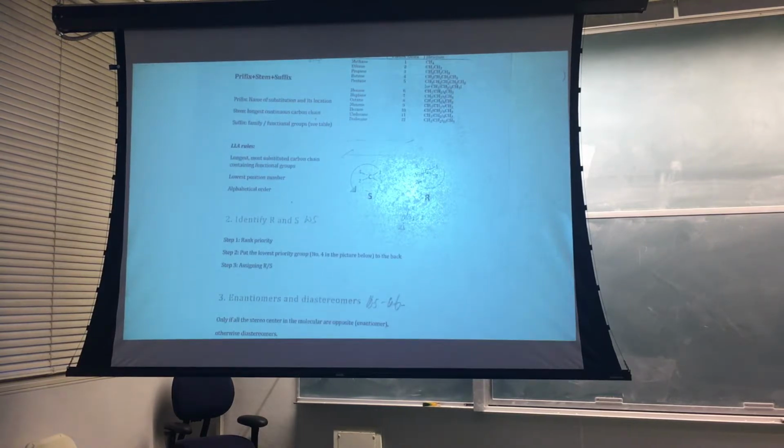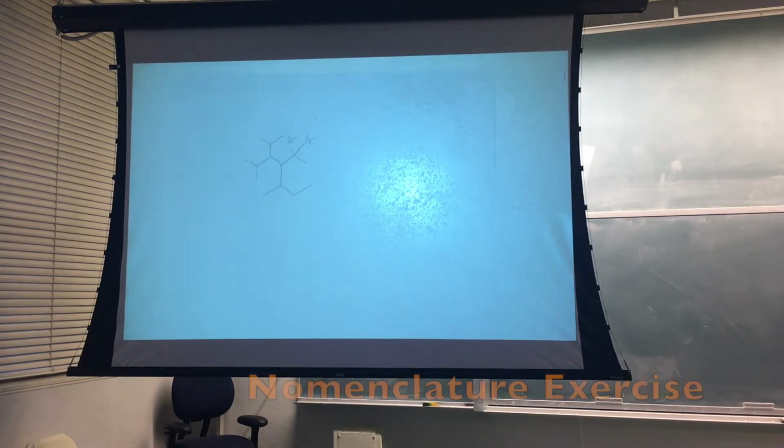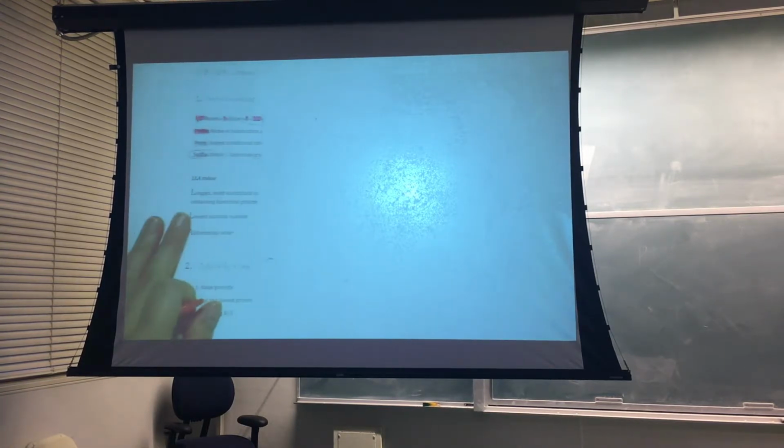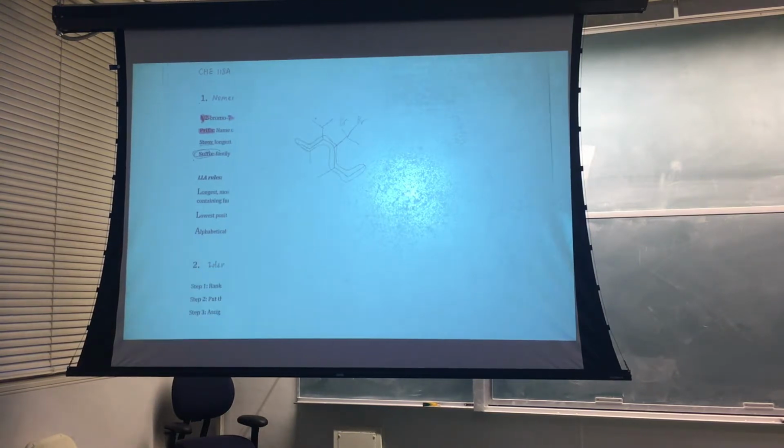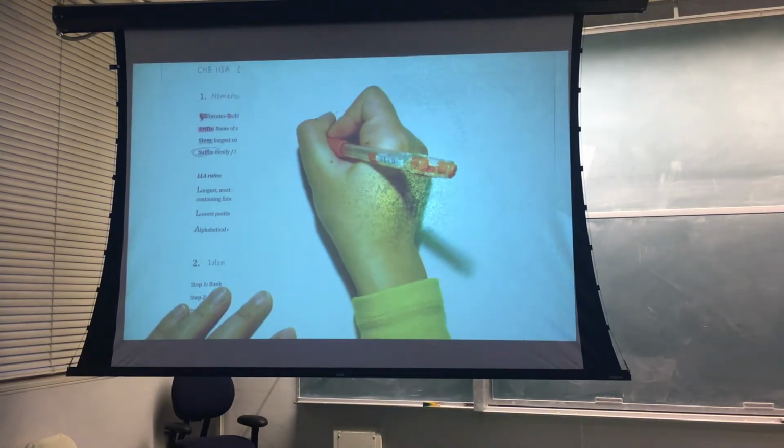Yeah. So that's nomenclature. So if we follow the LLA rules, what the LLA rules say is first find the longest chain. So our longest chain on this one is, and then the rest of them are just substituents. So you number your family chain, which is the longest chain you have.